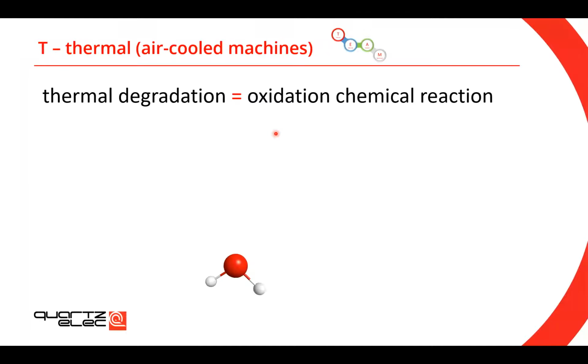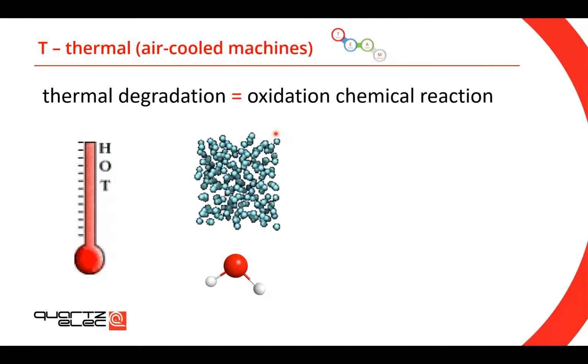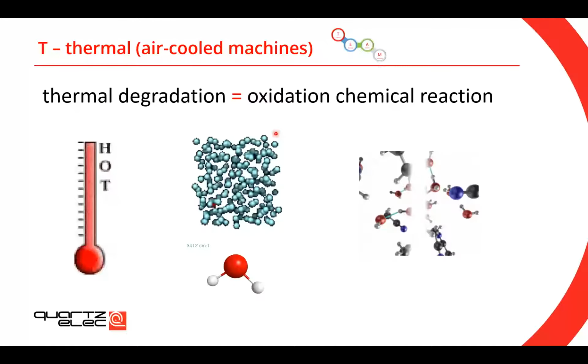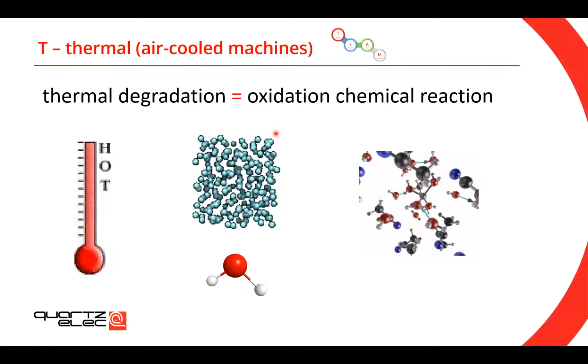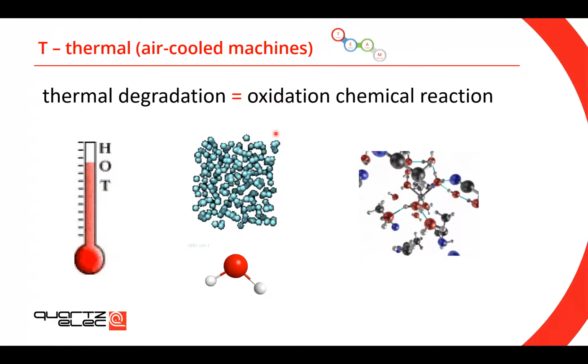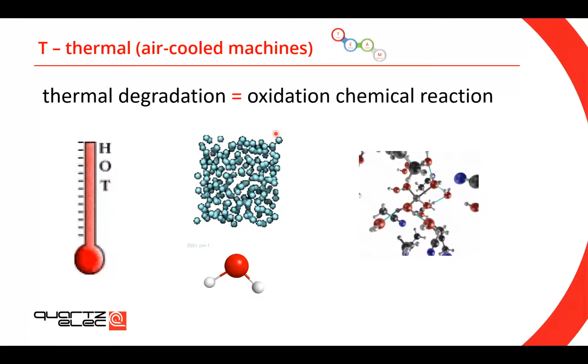All right, so let's start with the thermal. Thermal degradation is nothing more than oxidation, which is a chemical reaction. At high temperature, the molecules will start to vibrate. The chemical bonds occasionally break due to the thermally induced vibration. And because of that, the insulation becomes brittle, has lower mechanical strength, and less capability to bond the tape layers together.